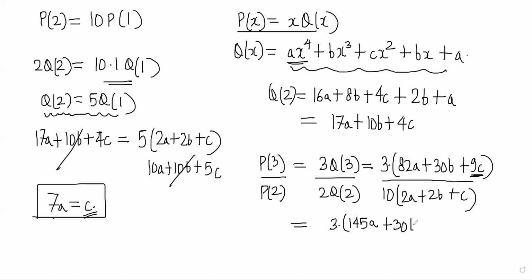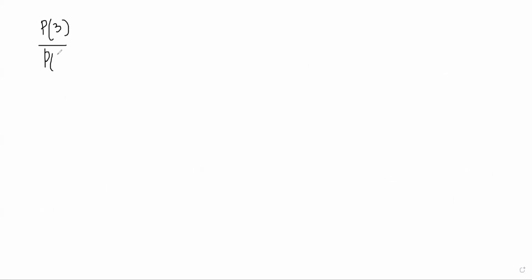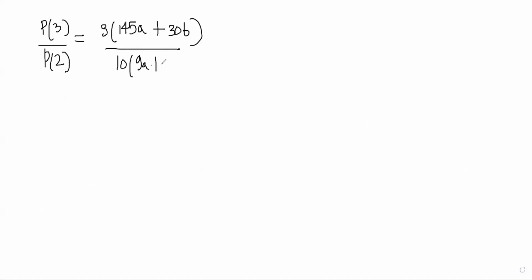145a plus 30b divided by, denominator is 10 times, c is 7a, so this is 9a plus 2b, right? I will do the simplifications on the next page. We are getting P of 3 by P of 2 is coming out to be 3 times 145a plus 30b divided by 10 times 9a plus 2b, right?